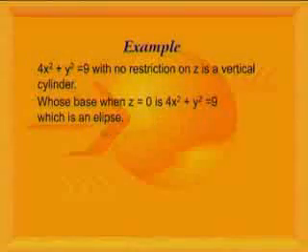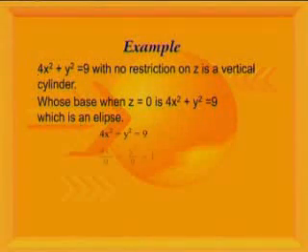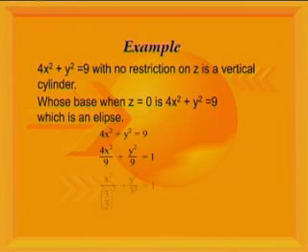So for finding the limits, we trace this region which is bounded by the ellipse, as I mentioned. So let us draw this region. 4x square plus y square is equal to 9 can be written as x square divided by (3/2) square plus y square divided by 3 square is equal to 1.